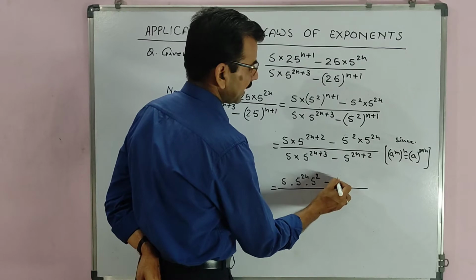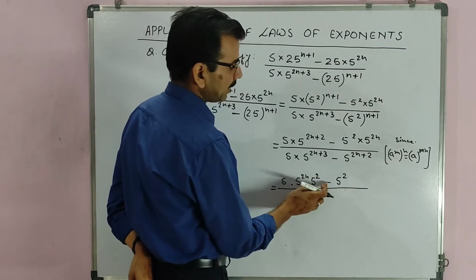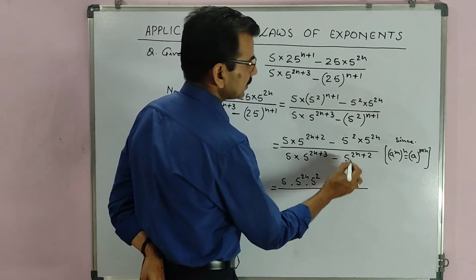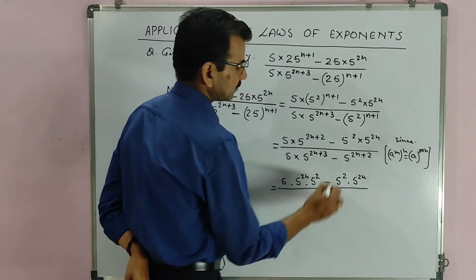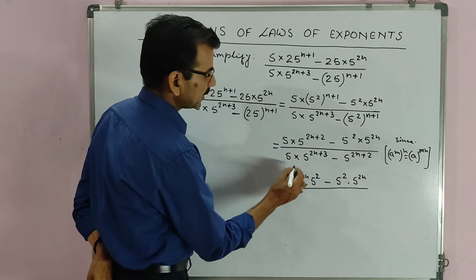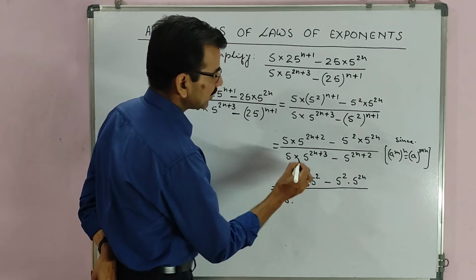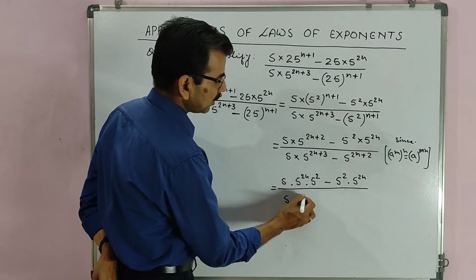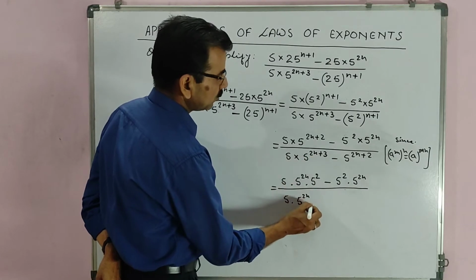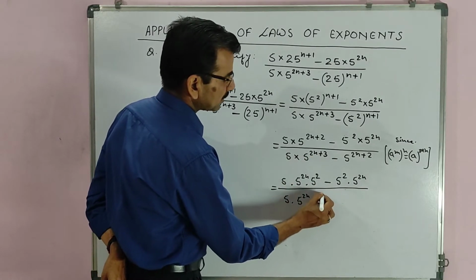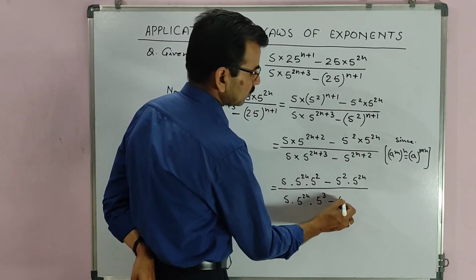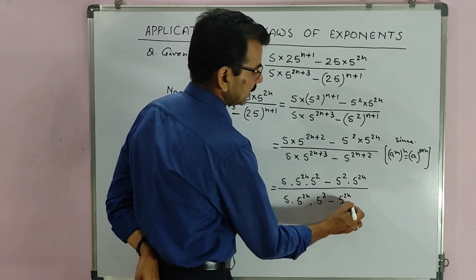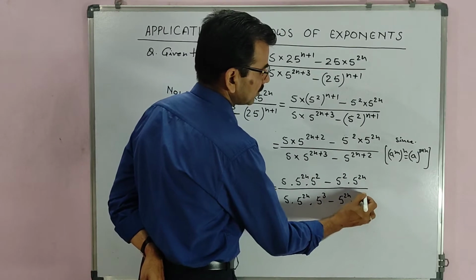Minus 5 square, then only minus or plus will be visible, into 5 raised to power 2n. Denominator, yes, 5 into 5 raised to power 2n into 5 raised to power 3. Okay, minus 5 raised to power 2n into 5 raised to power 2.